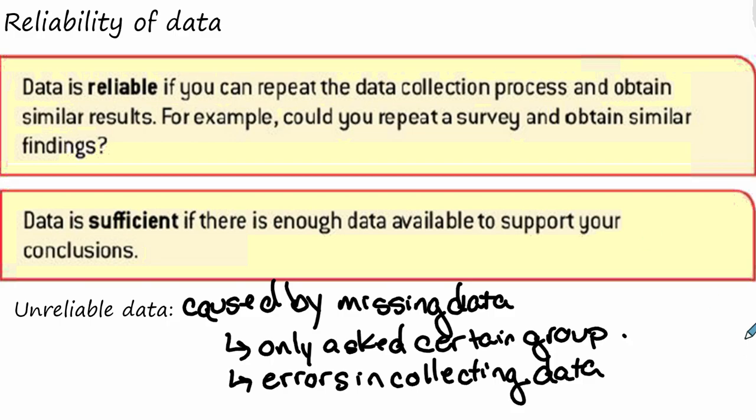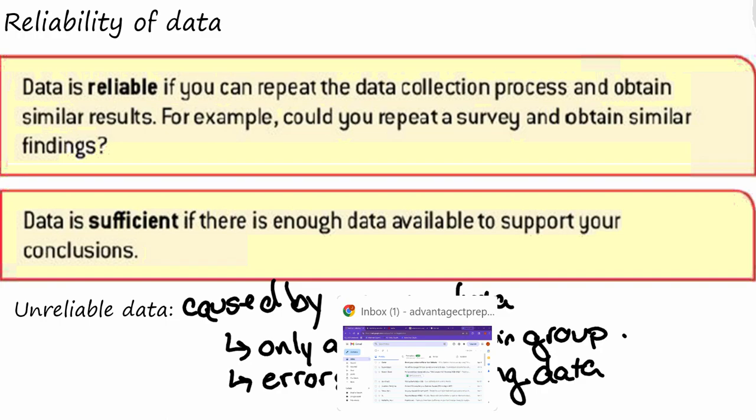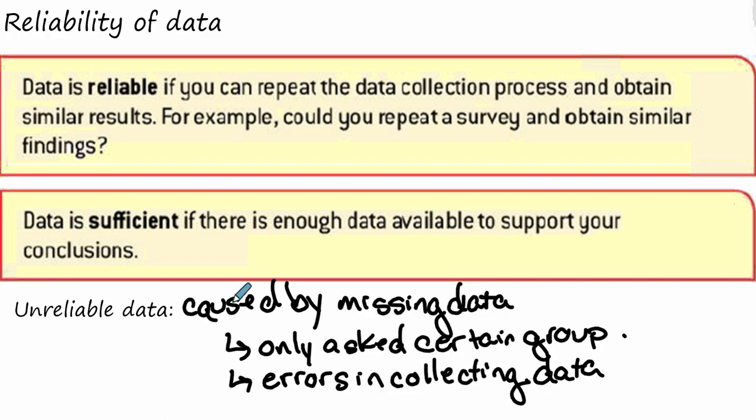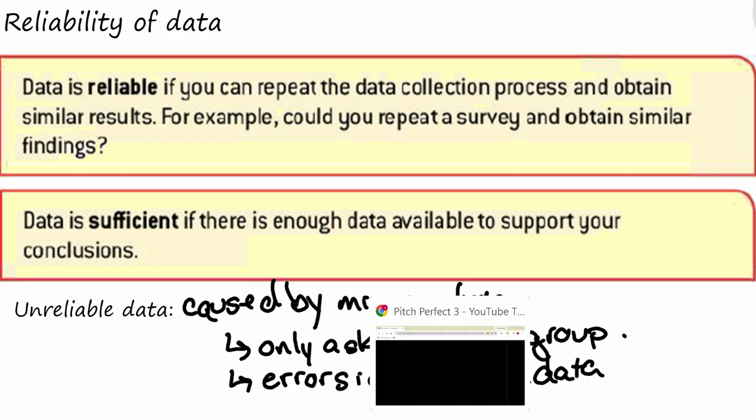So again, that's an error in the collecting of data. Or maybe we handed it out and we tested the whole student body and we lost half of our data. We just didn't put it into the computer. We typed enough, we're going to exclude this. Okay, that's where you're going to have some unreliability as well.